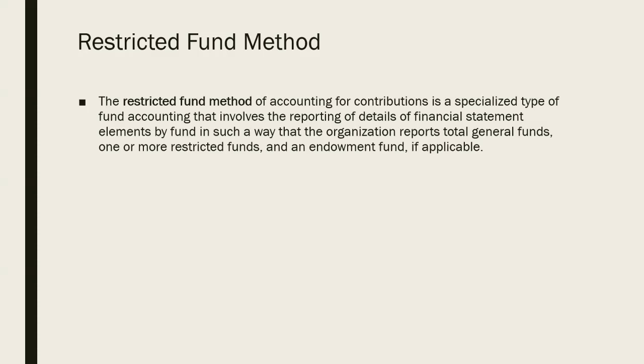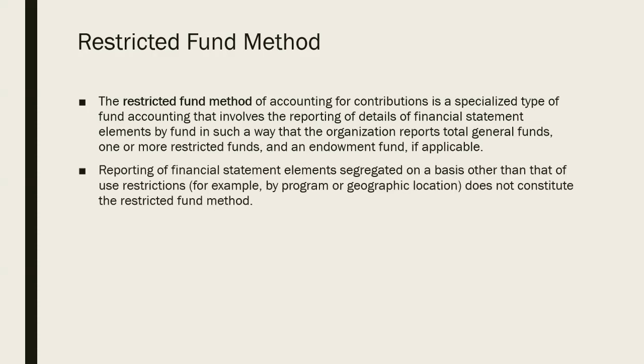But where a restricted fund method is being used, you will see more than one fund exists. There would at least be one general fund in existence. Now, reporting of financial statement elements segregated on a basis other than that of use restrictions is not what the restricted fund method is about.